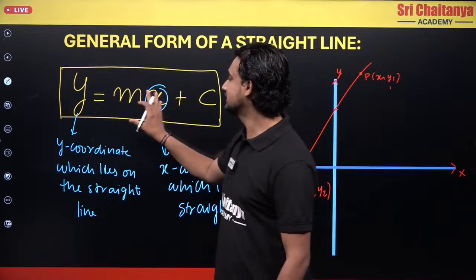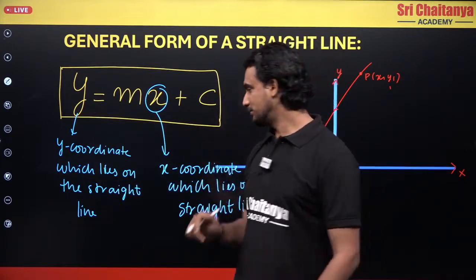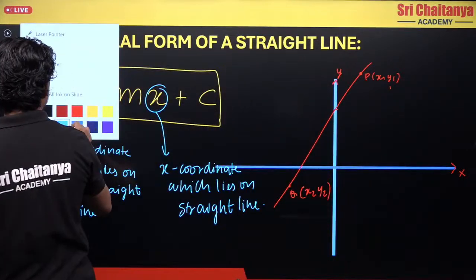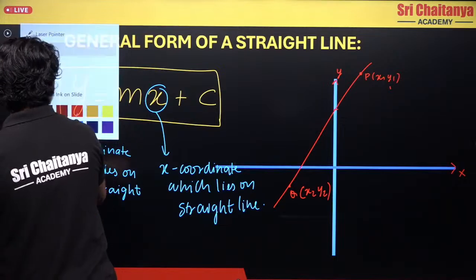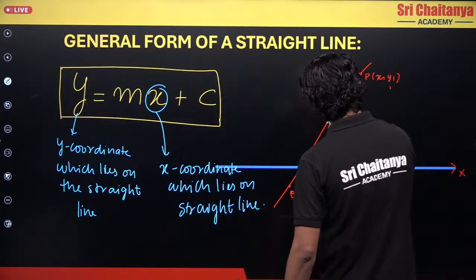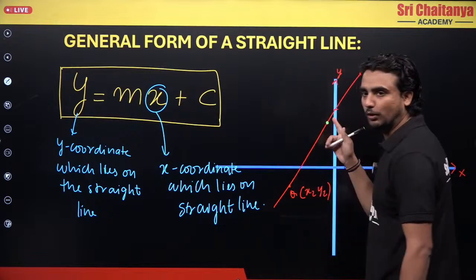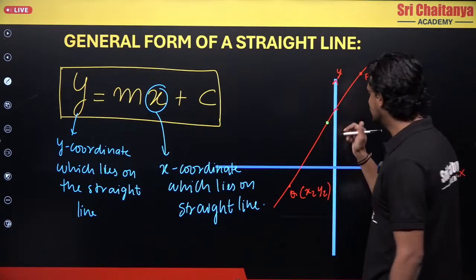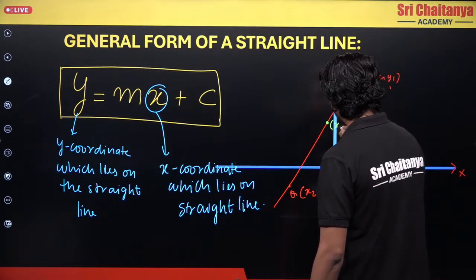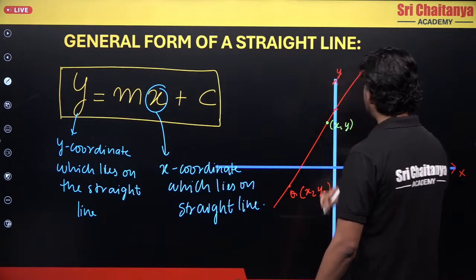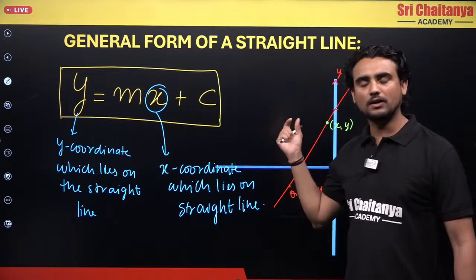So basically what are x and y? Let's suppose I have a point, and this point is lying on this straight line. To give the location of this point which is lying on the straight line, what I'll say is the location is x comma y. Which point is lying on the straight line? x comma y.